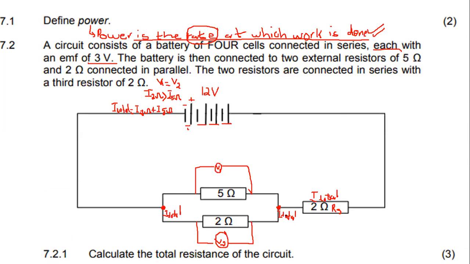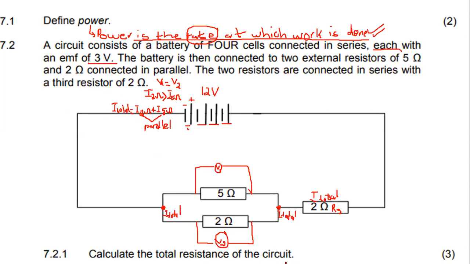In other words, this was the total current. So when the current divides, the current that went into that pathway through the 5 ohm resistor and the current that went through the 2 ohm resistor, together adding them will give me the total current altogether. So the total current is the one that is going to be made up of the 2 ohm resistor and the 5 ohm resistors that are connected in parallel, these ones.